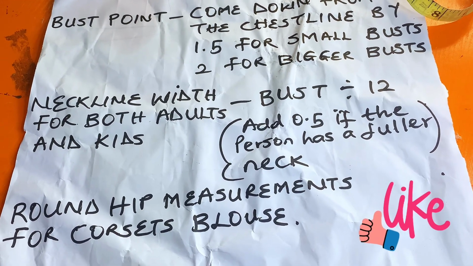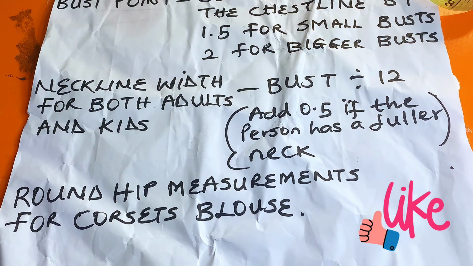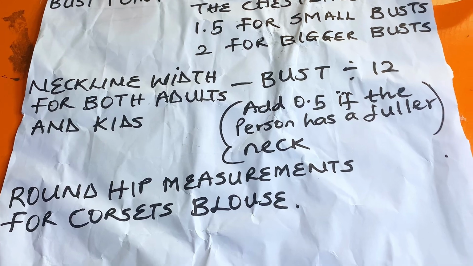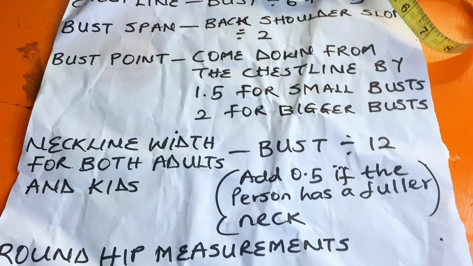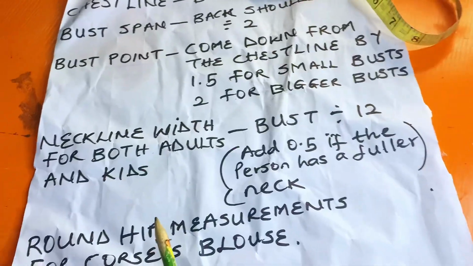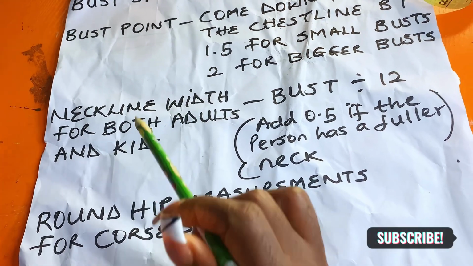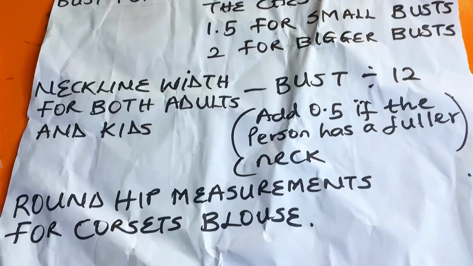Let's say bust 38. If you do 38 divided by 12, what you will get is 3.16, which is approximately 3.2. And you can just go ahead and do 3.5 because 3 inches would be too tight. So it all depends on the style and the choice of the clients.